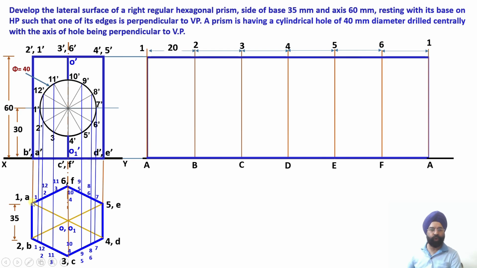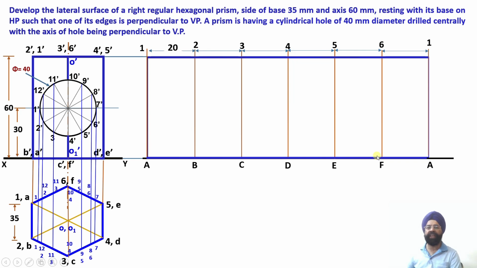But once I am opening this out, this point 1 will be getting very close to the point A, which will be lying over here. So this surface has been opened here. This surface will be opened here.